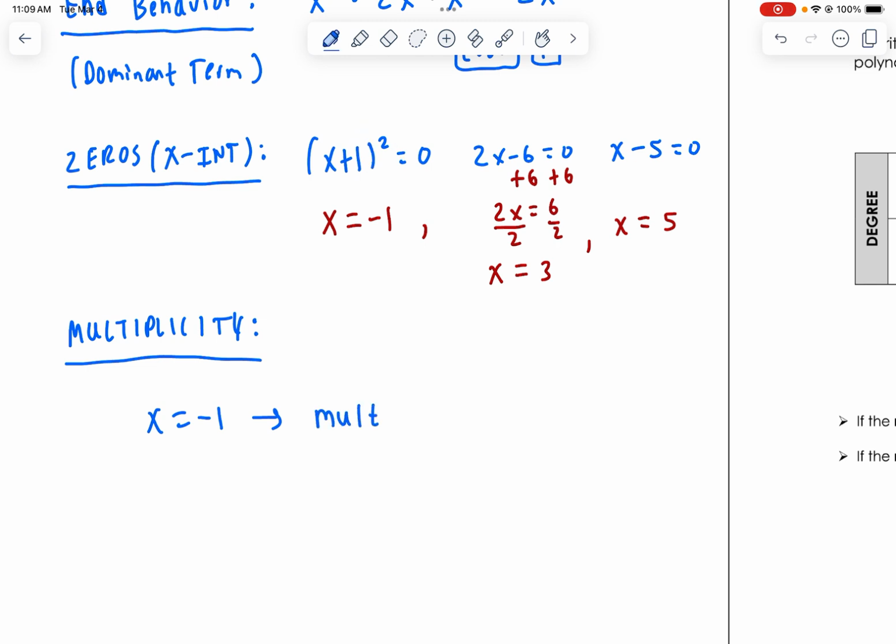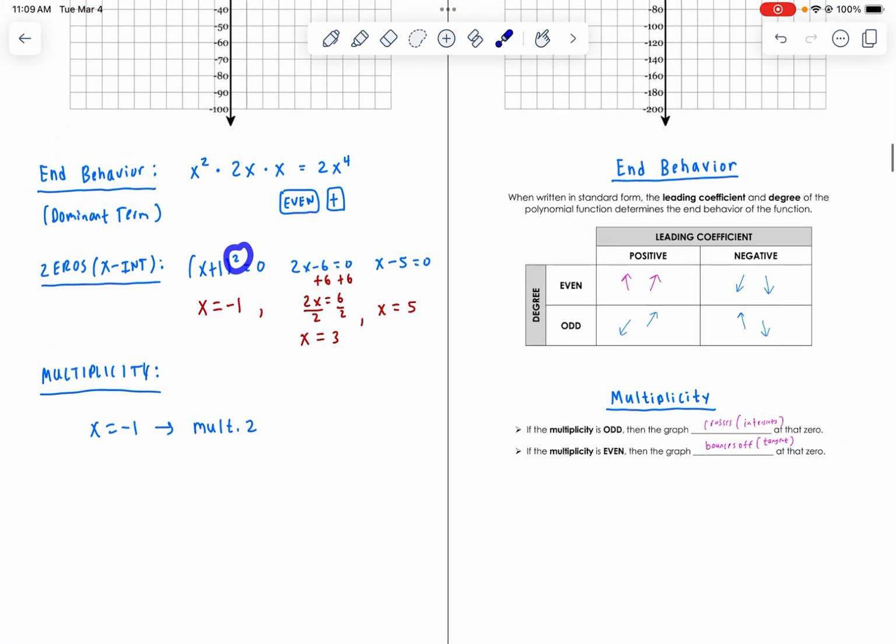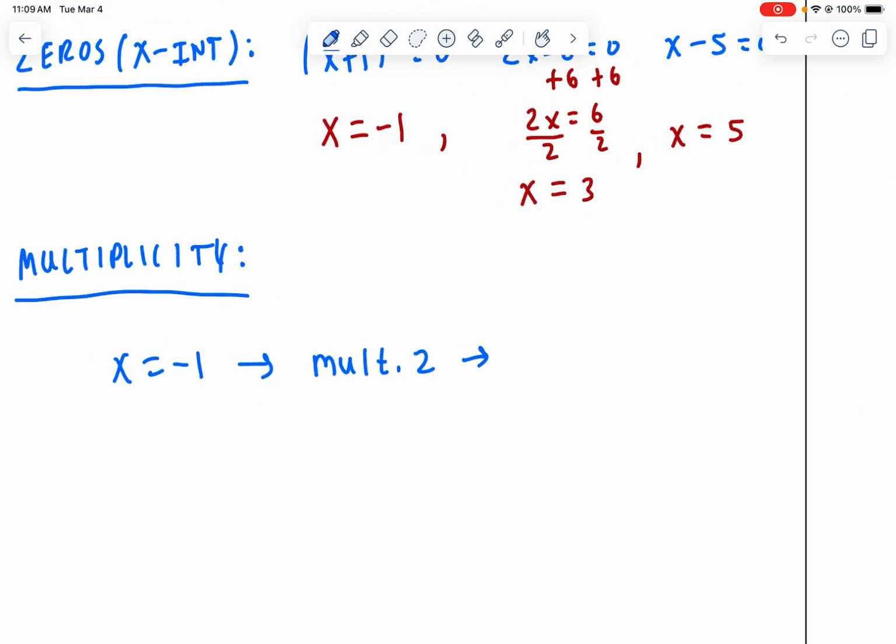So I'll abbreviate that as mult 2 because of our exponent. If we look back at the multiplicity chart we had looked at in class, the multiplicity here is even. If you have an even multiplicity, the behavior at the 0 is that the graph will bounce off at that 0. So here at -1, we're going to be bouncing off. Another word to describe that is tangent.